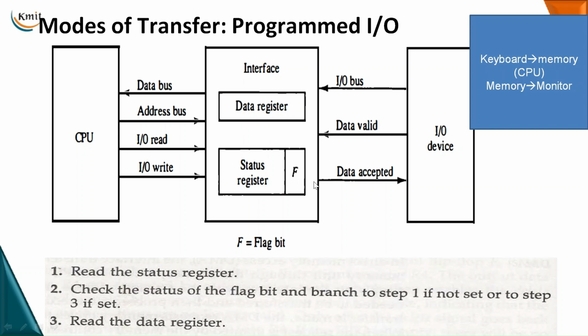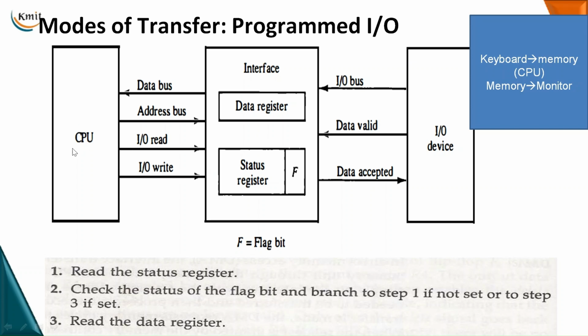Once the data is copied from the IO bus into the data register, the interface unit will set its flag bit to 1. Whenever the flag bit is set to 1, automatically the interface will enable the data accepted line. This data accepted line is an acknowledgement to the corresponding keyboard that the information is accepted by the interface unit of the corresponding peripheral device.